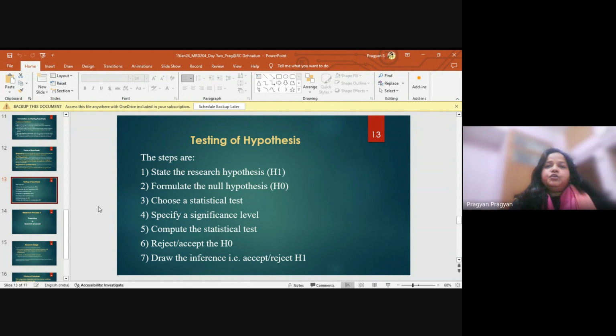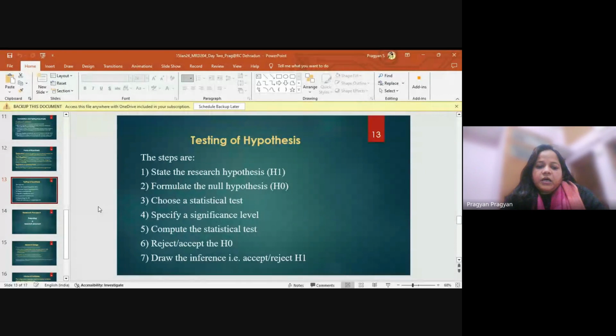And you have to specify why low significance is relevant or why very high significance is irrelevant. So you can compute this statistical test, and accordingly we reject or we accept.